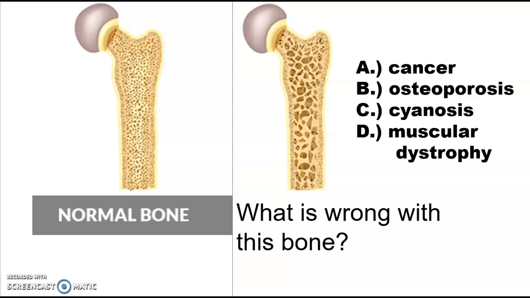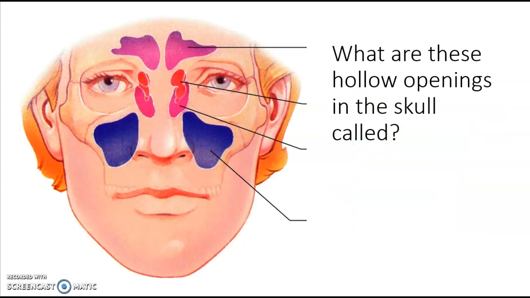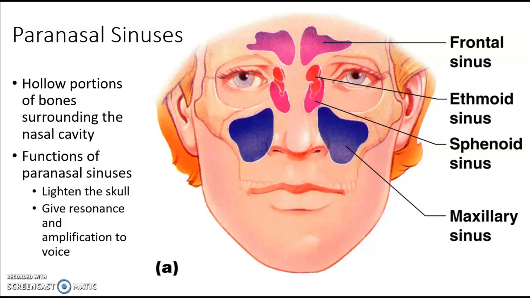What's wrong with this bone on the right? Low density bone is an issue called osteoporosis, weakened bones. What do we call these hollow openings in the skull? These are called sinuses.